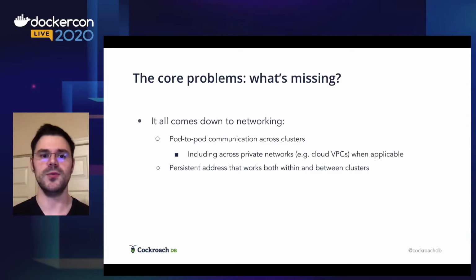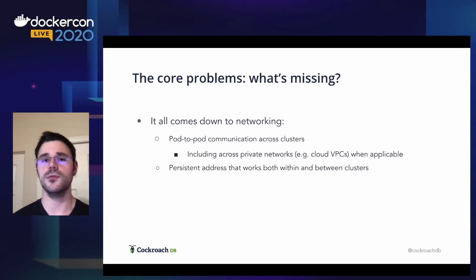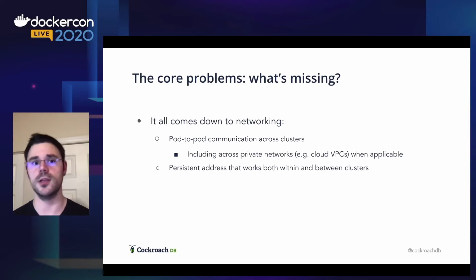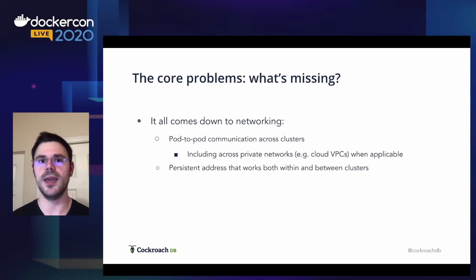We need to ensure that we have pod-to-pod communication across our clusters and within our clusters. We also need persistent addresses that work, again, both within and between our clusters.